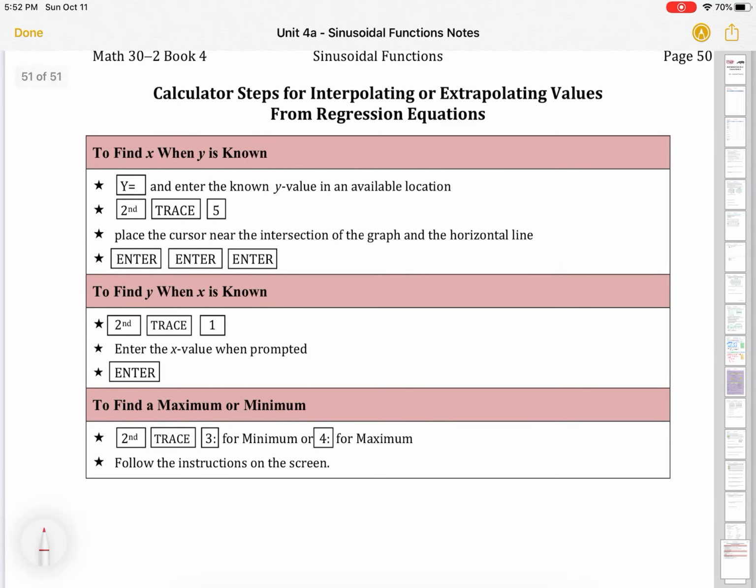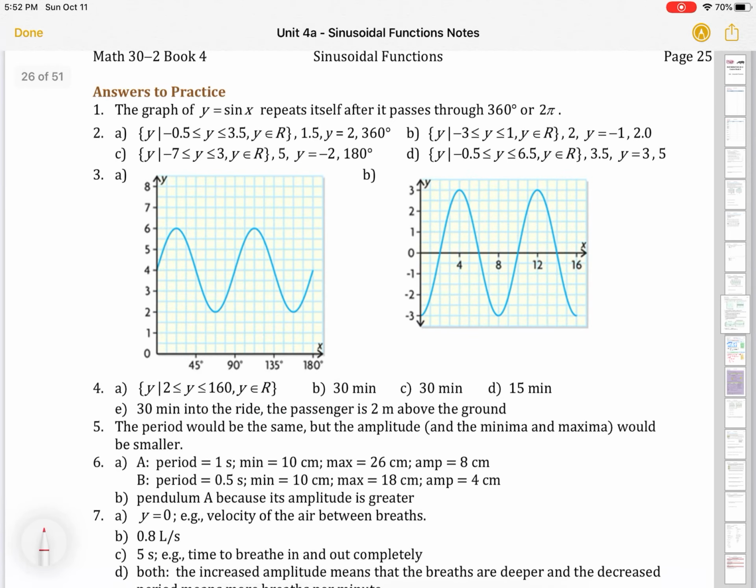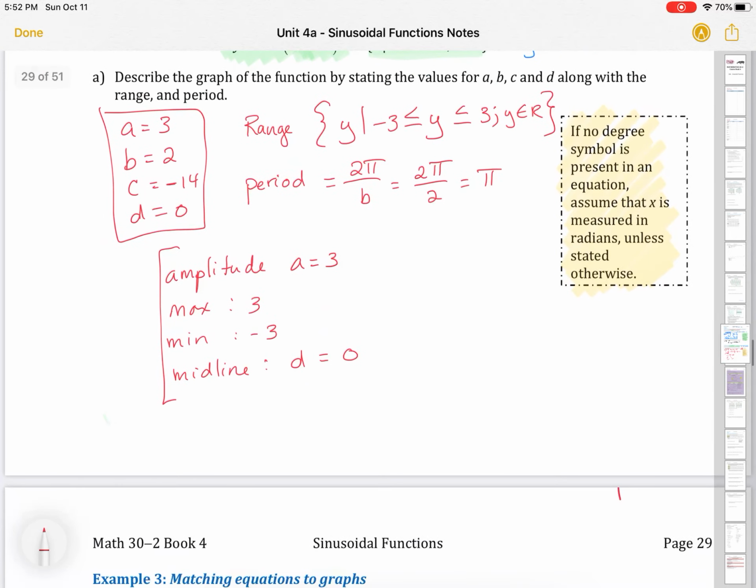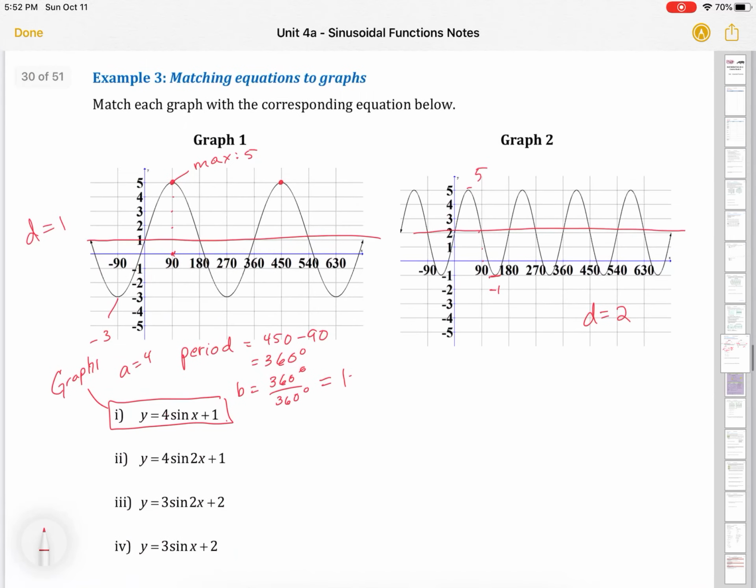Okay. My period, well, I don't have a nice even thing. It goes from there to there. So half between 180 and 270 and 360 and 450.